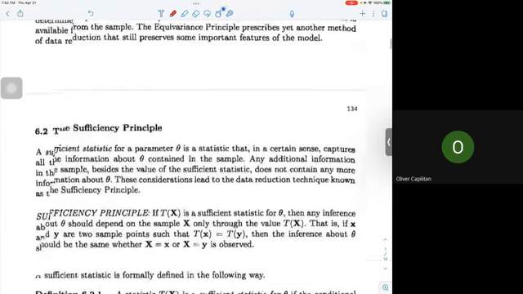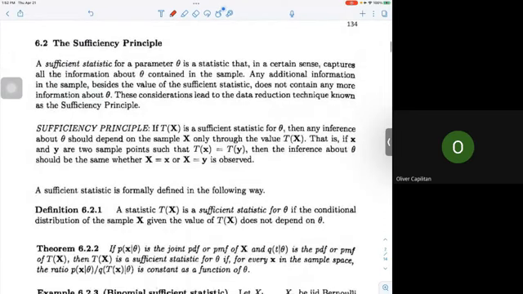So the first one, we have the sufficiency principle. What is this sufficiency principle? A sufficient statistic for a parameter theta is a statistic that in a certain sense captures all the information about theta contained in the sample.